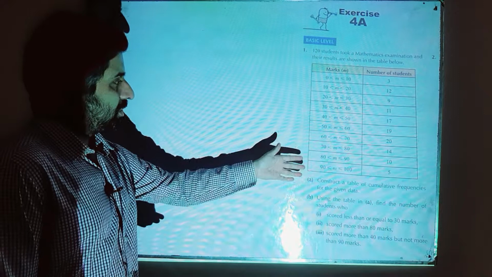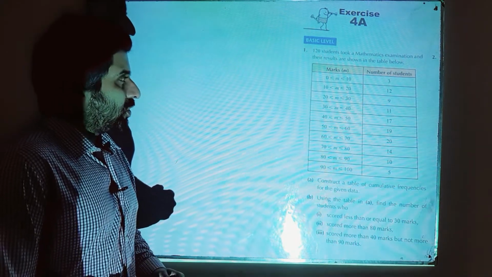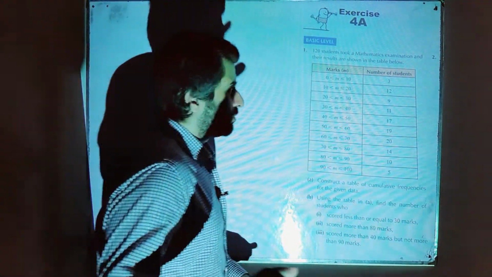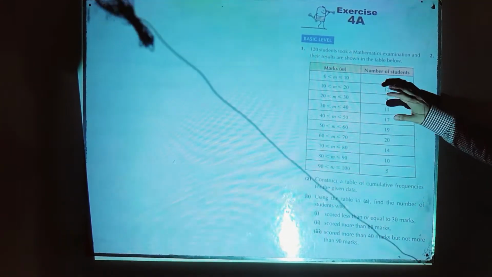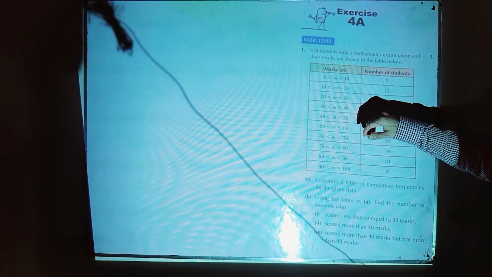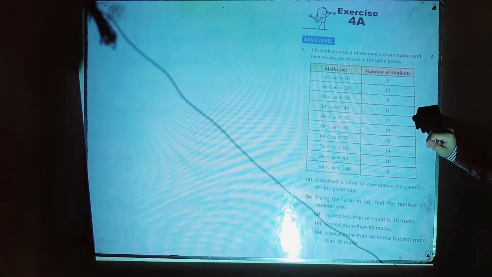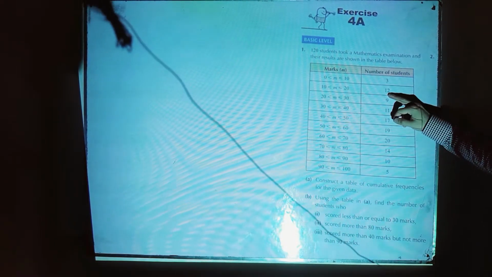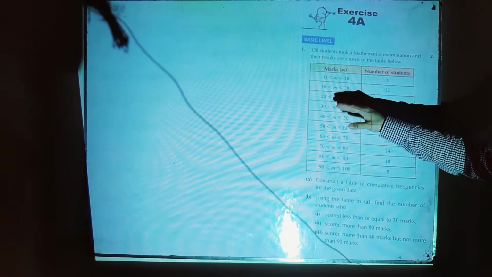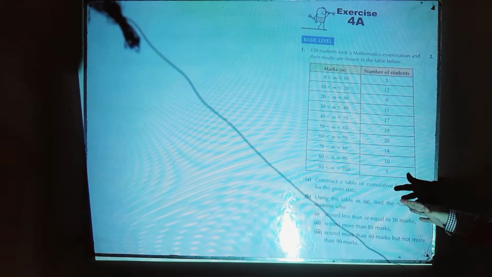This table shows results of 120 students, where 3 students are in the range of more than 0 and less than 10, 12 students are in the range of more than 10 and less than 20, and so on. So part A is construct a frequency table where you have to show the cumulative frequencies for the given data.